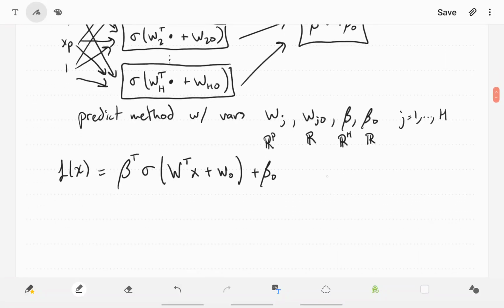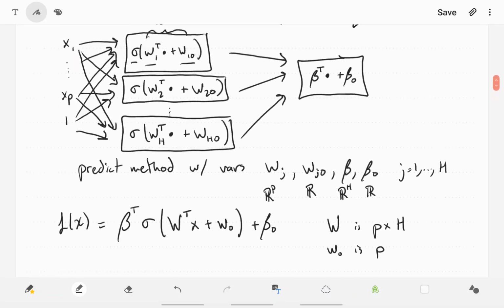In this case W is P by capital H, so each column of W is a different W sub j. And W naught is in Rp, so it's of size P. This is a more succinct way to write it out in math.